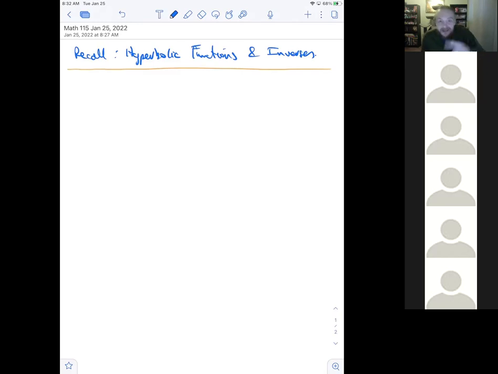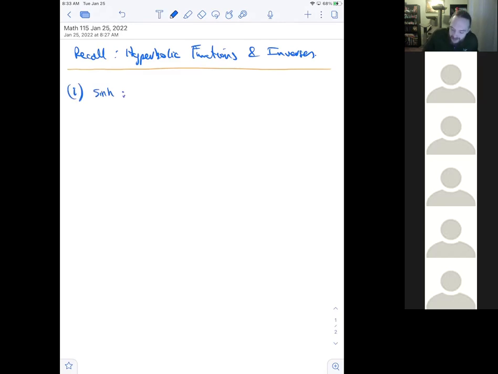And then we have hyperbolic functions, the third category, and their inverses. We'll focus on sine hyperbolic, cos hyperbolic, tan hyperbolic, and their inverses, arc sine hyperbolic, arc cos hyperbolic, and arc tan hyperbolic.